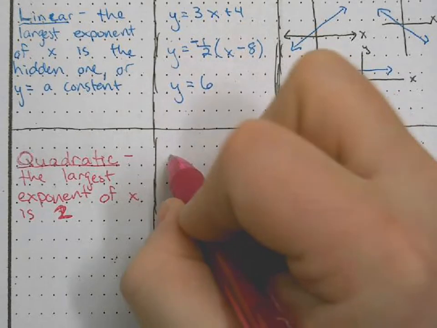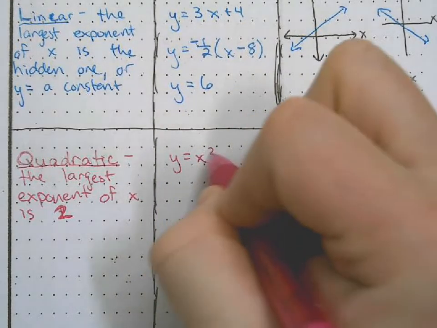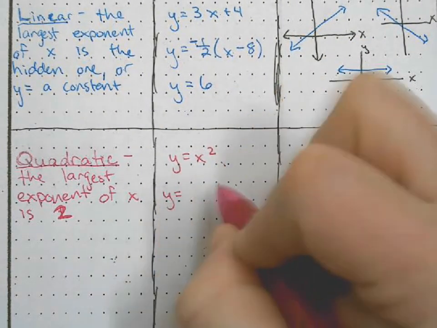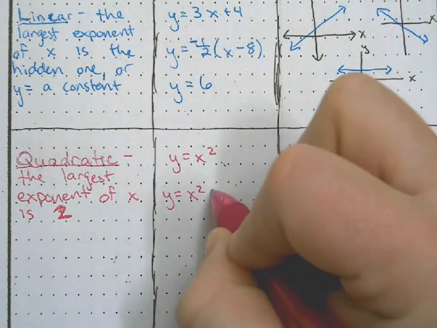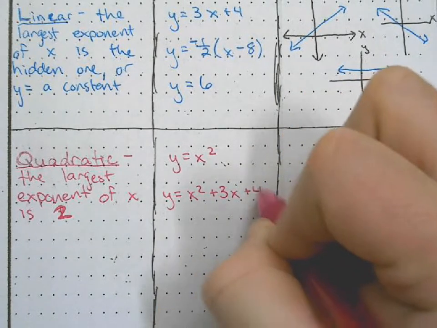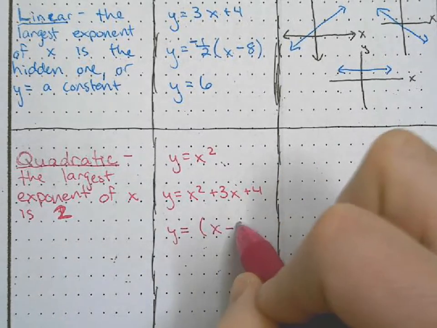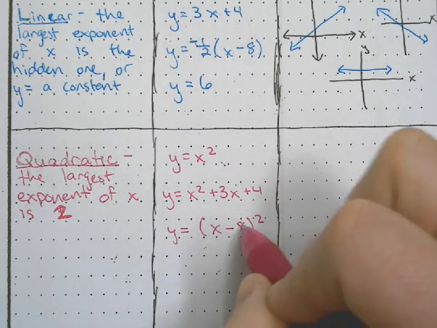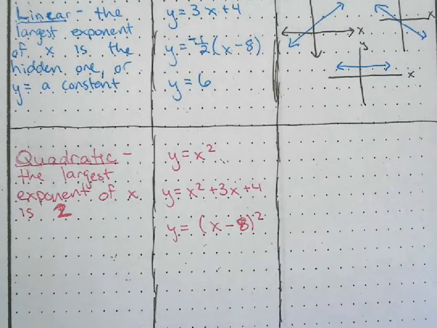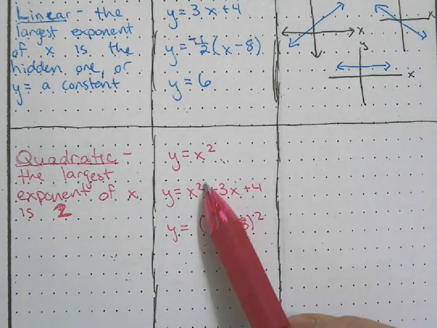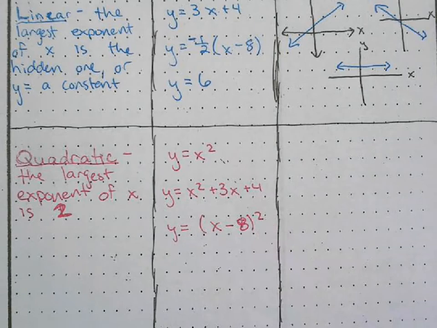So some equations could look like this. The most simple would be y equals x squared. You could have y equals x squared plus 3x plus 4. We're going to have y equals parentheses x minus 8 squared. So notice how the largest exponent for x is always that 2.